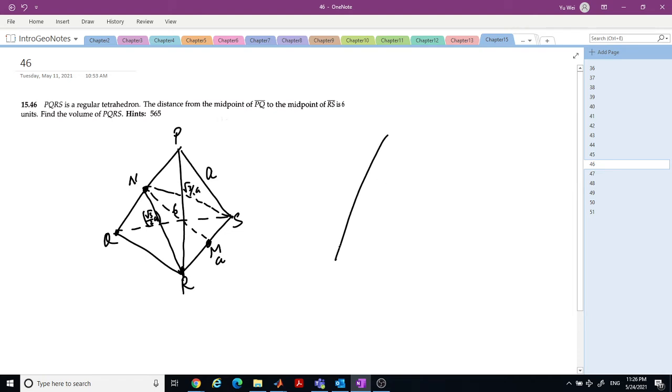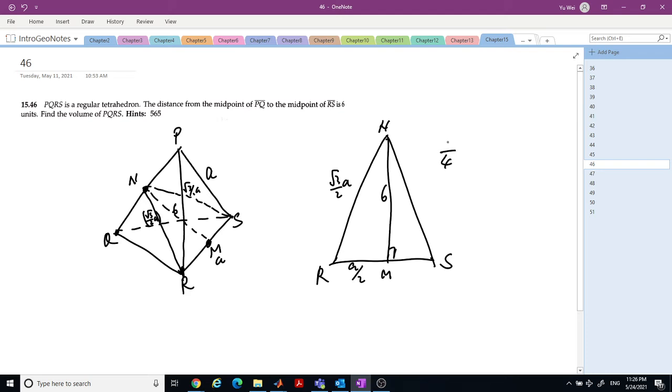Now we have a triangle of N, R, S, then this is M, and this is a over 2, right? This is root 3 over 2 a, then this is 6. Now you can solve with Pythagorean, right? So 3/4 a squared minus 1/4 a squared is equal to 36. Then you can see the half, so a squared is equal to 72.